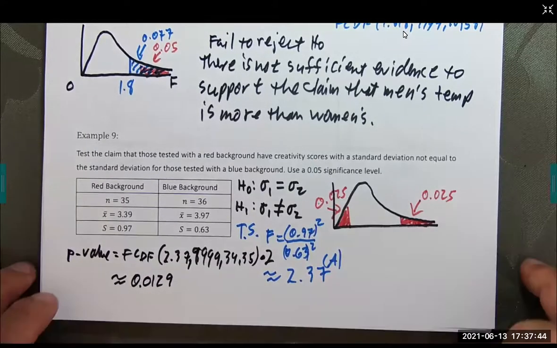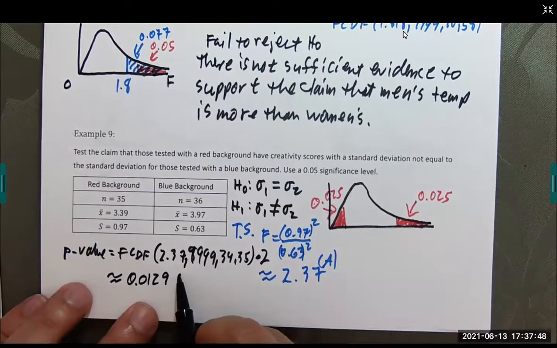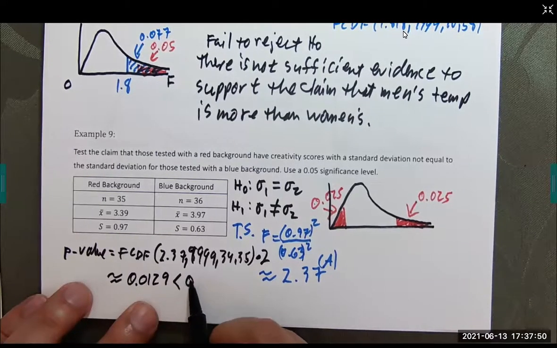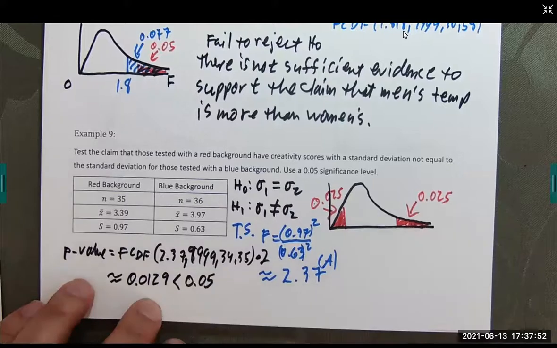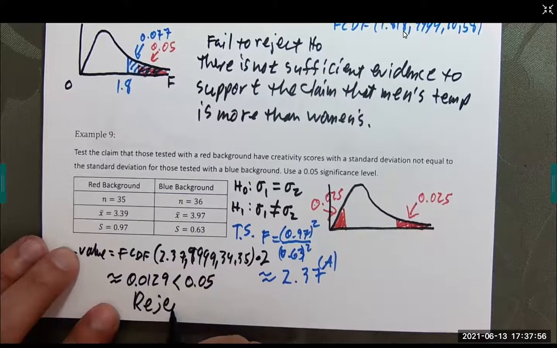And now we can make a judgment. This is definitely less than 0.05. So we're going to reject the null hypothesis.